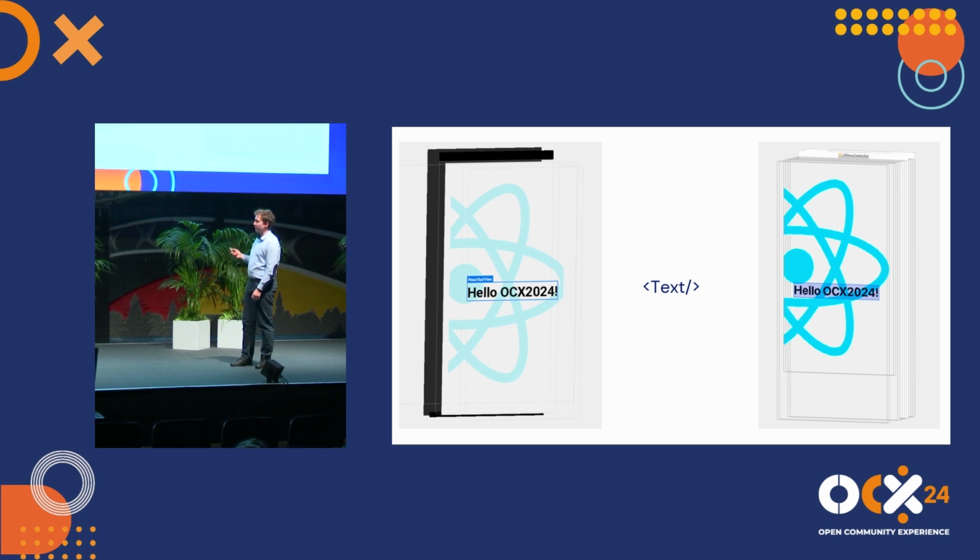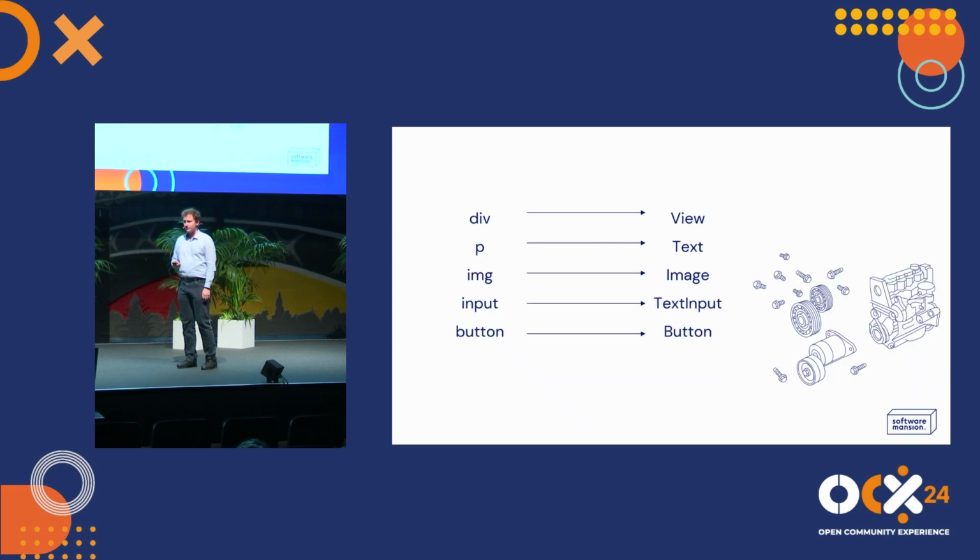So for example, in this case we have Text, and on Android it is rendered as ReactTextView, and the ReactTextView basically extends AppCompatTextView, which is from Android's, I think, widget.text. And in the case of iOS, UIKit is used.